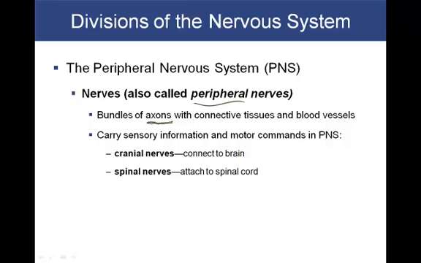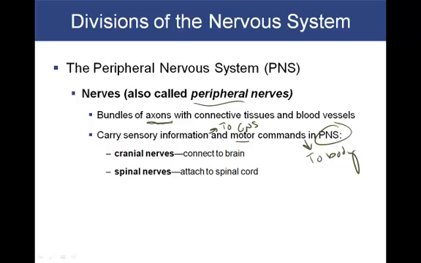And again, these nerves will carry sensory information as well as motor commands. It's carrying sensory information to the central nervous system, and it's going to carry motor commands to the body via the PNS.